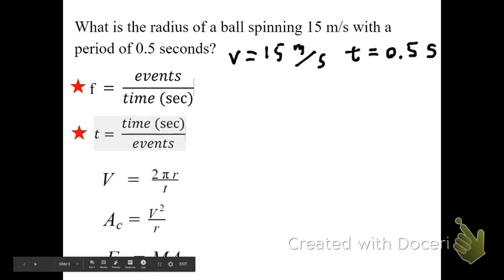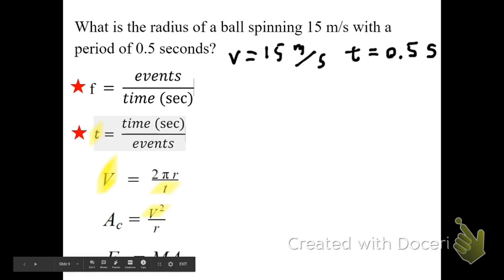So if we have V, so that's here, we have that one as well, and we have period, so that shows up here and here, and we want to know radius. We need to look at which formula has both V and T in it and will help us solve for radius.